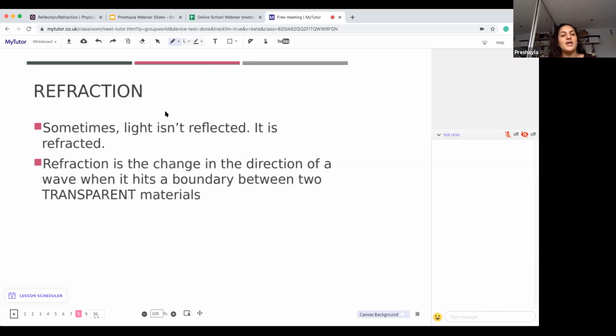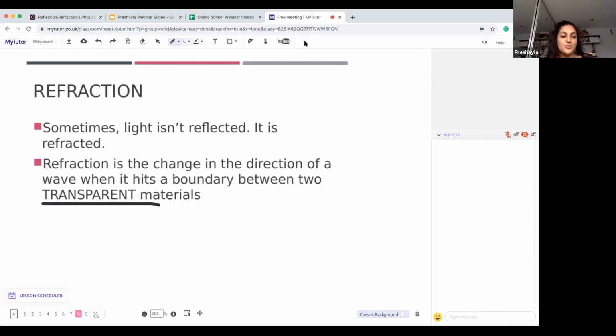Sometimes then light isn't reflected, it's not transmitted, and it's not absorbed. So what else can happen to the light? Well, it can be refracted. So refraction is the change in the direction of a wave when it hits the boundary between two transparent materials. Okay, notice I've put transparent in bold, in caps, and that is because it has to be transparent.